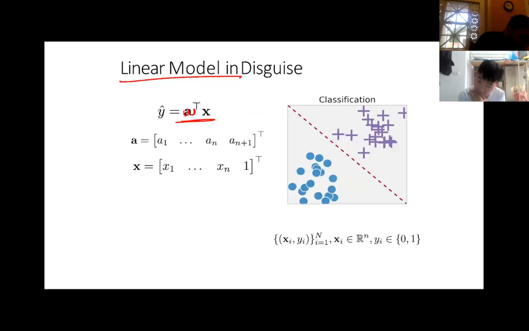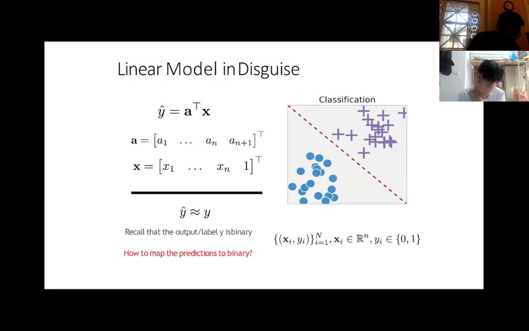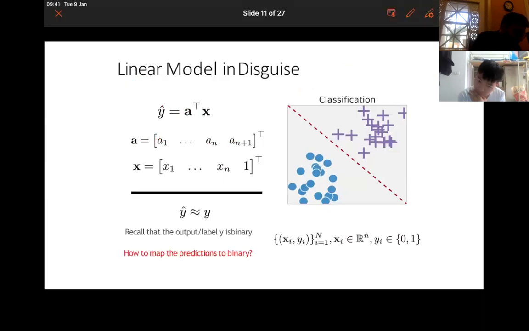Let me call this W transpose X. This is W0 plus W1 x plus W2 x squared plus up to WN x power n, and these are the W's. We call this Z of X rather than Y hat. Let me ask you some questions now at this point.